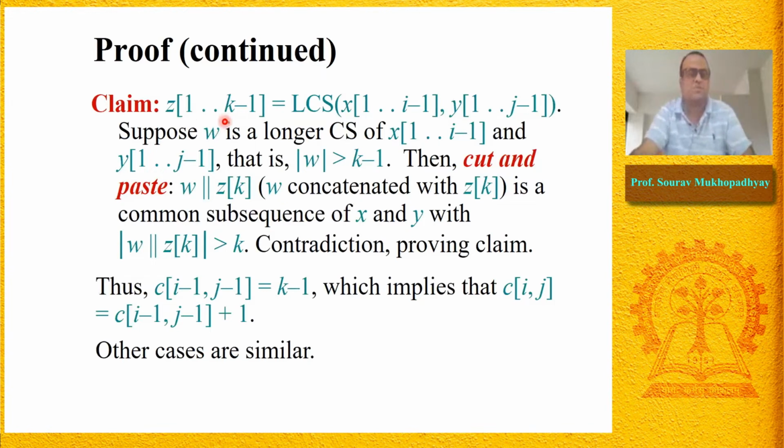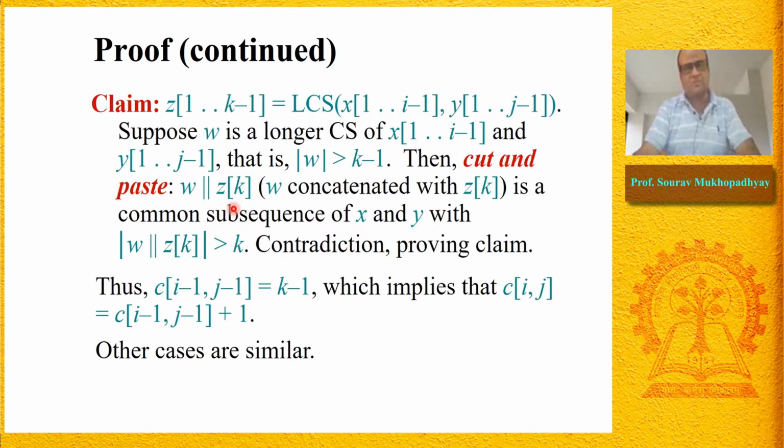If the longest common subsequence is not this one, then there has to be a common subsequence whose length is more than this. More than this means at least it will be k. Now if we concatenate with that last value, xi and yj, that will give us a common subsequence of x up to i and y up to j.